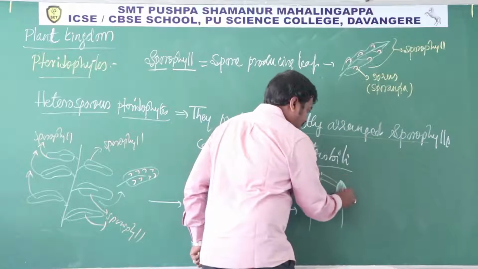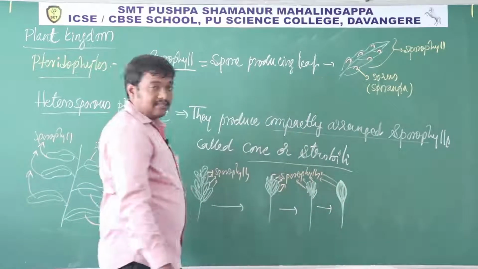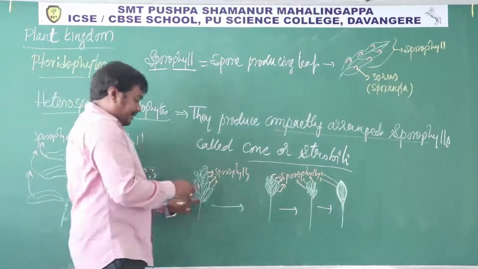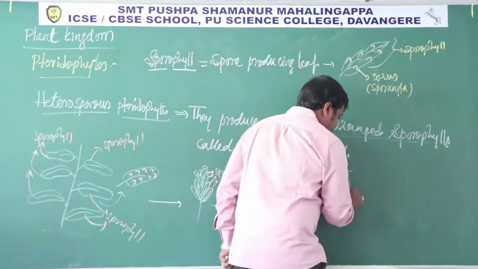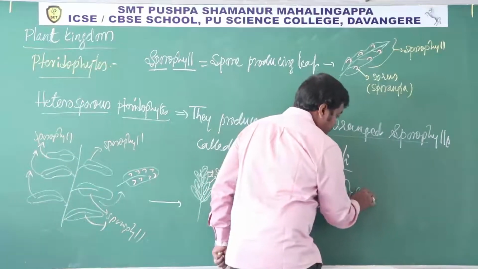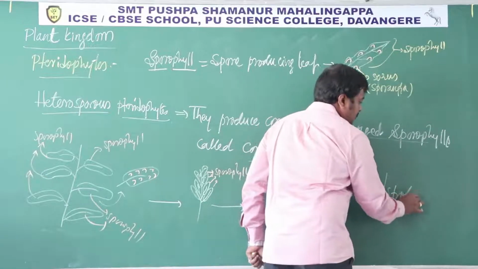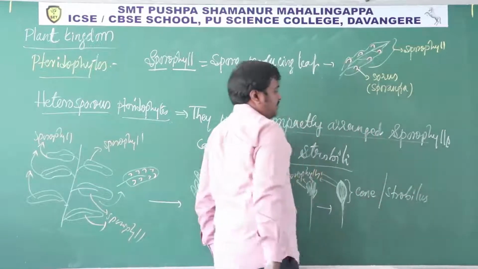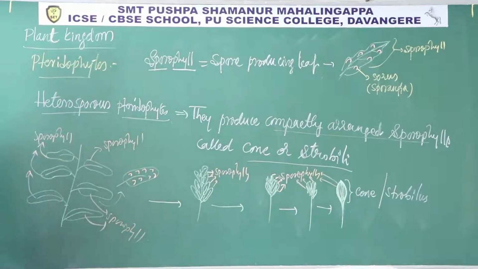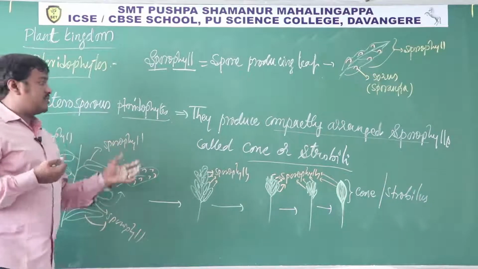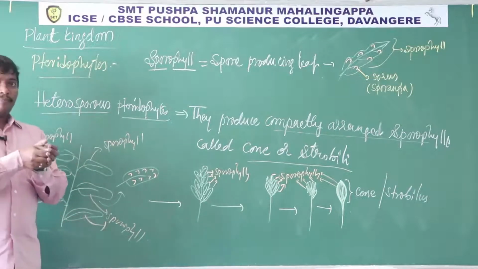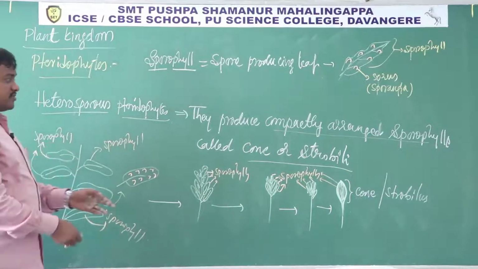This compactly arranged structure is now called a cone or strobilus. Hope you understand how in heterosporous pteridophytes the sporophylls are compactly arranged and produce the cone.